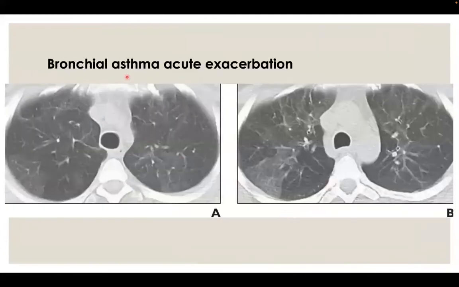In a case of airway disease like bronchial asthma with acute exacerbation, here there is variable attenuation with mosaic pattern. In the expiratory scan, there is bowing of the posterior aspect of the trachea. So this is a properly done expiratory scan.